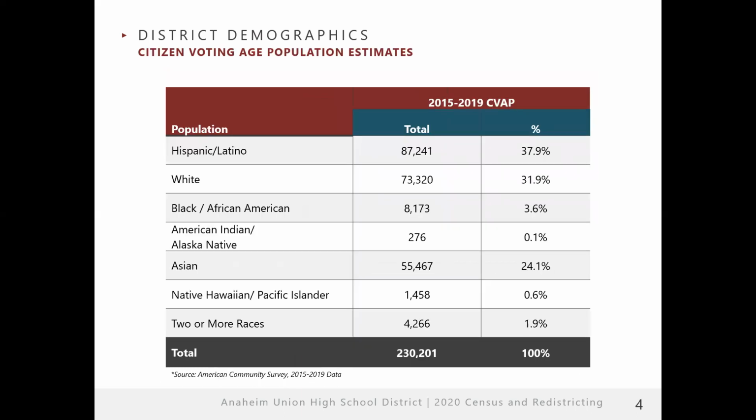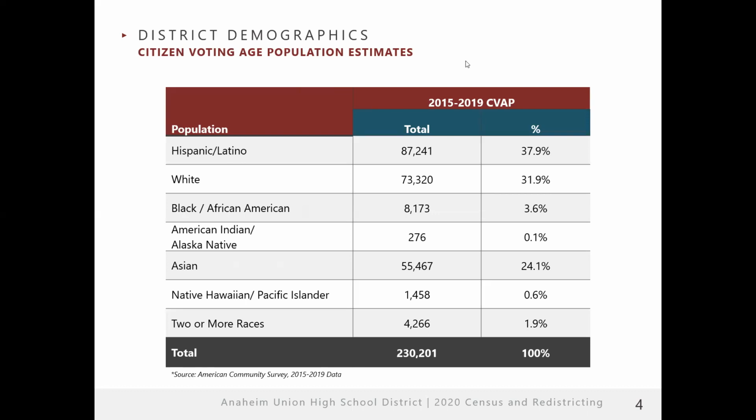On the following slide, we've included the citizen voting age population, and this is relevant for our analysis of compliance with the Federal Voting Rights Act. The citizen voting age population is prepared by the American Community Survey, which is a division of the census.